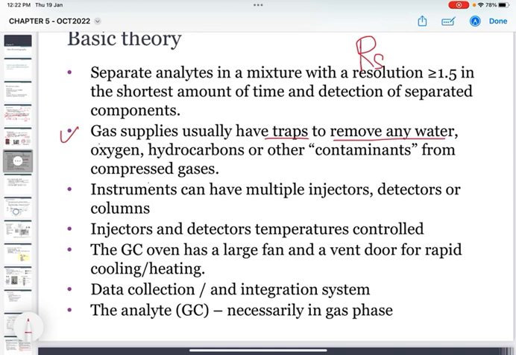Even though sometimes we buy good quality gas, maybe during transportation and so on, we can trap contaminants. So to be safe for our instrument, we need to have a filter or trap after the gas tank, before the gas enters our instrument.